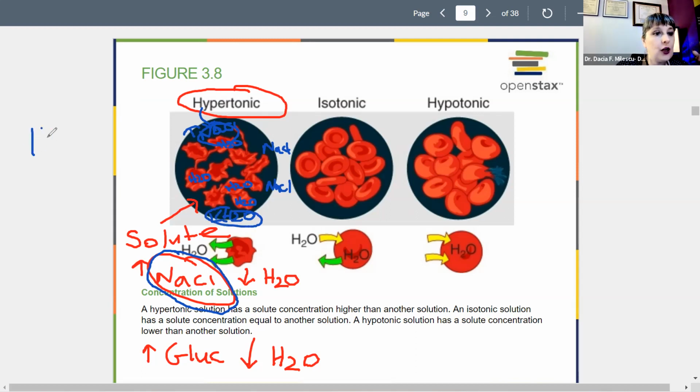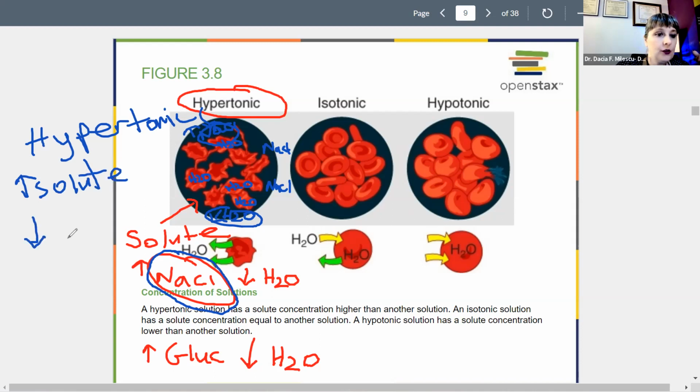Hypertonic solution means it's high in solute, low in water. Therefore, we can conclude that there will be more water inside the cell than outside the cell. So water moves from inside the cell to outside the cell, down the concentration gradient, from high water inside the cell to low water outside the cell.